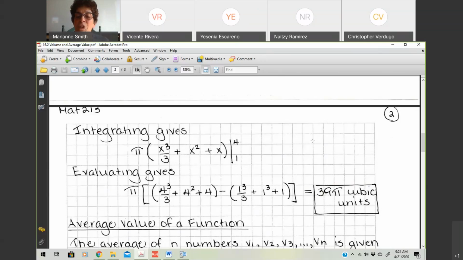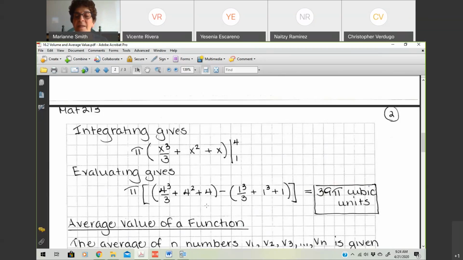So again, if you were doing this problem, say in MyMathLab, and MyMathLab asks you for an exact volume, this is what you would need to type in. Because if you approximate pi, you're not going to get an exact answer.